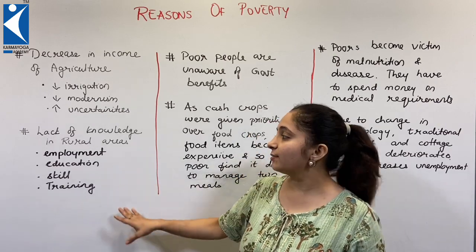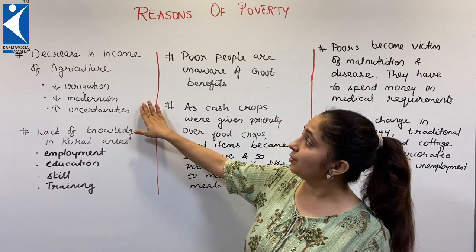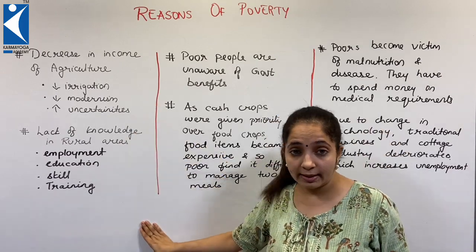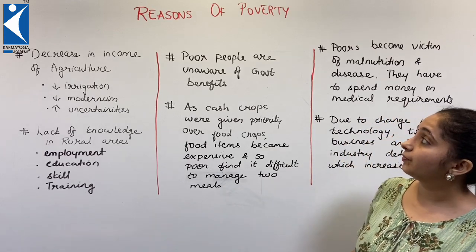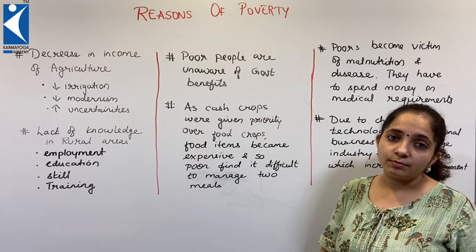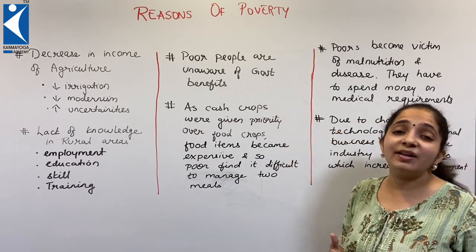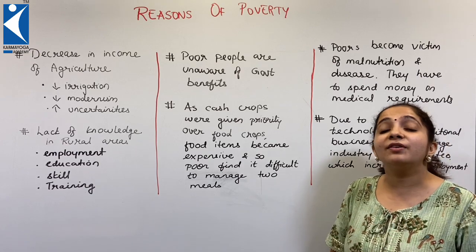These are the reasons why they are pushed towards poverty. That's about agriculture and the ignorance of rural people. Another thing is that our government does a lot, but poor people are unaware of government benefits. Poor people do not know how to get benefited from them.